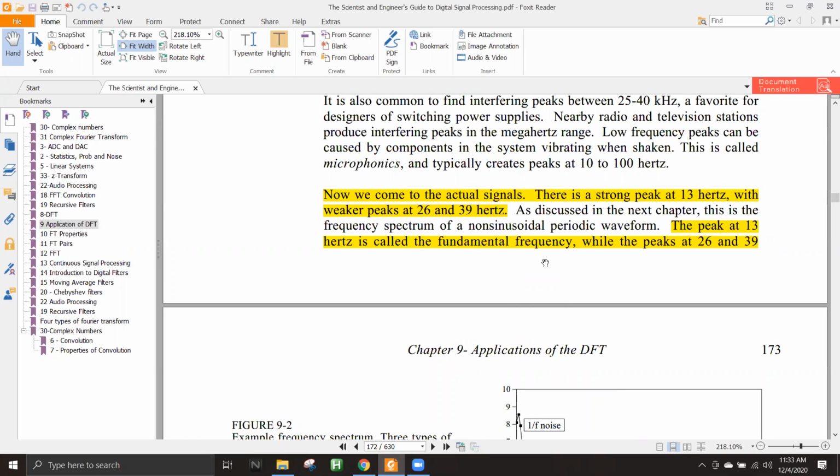We have already discussed what the fundamental frequency is in the other book, Proakis's book. That was from an equation perspective. We had cos of 2 pi something, and from that we found the fundamental frequency.